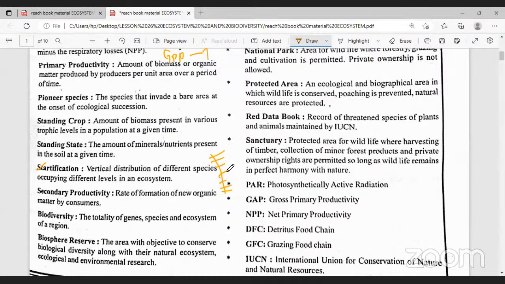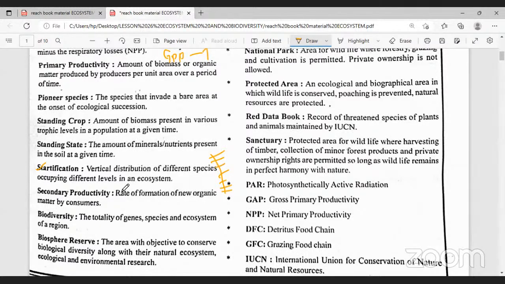The large one, eagle, which is highly capable of flying. That also comes under the heading of stratification. Each one has a specific level. Some animals grow only in a particular area, and they will not go to the highest one. For example, a parrot will not stay at the top of a sequoia, in a tall tree like that.